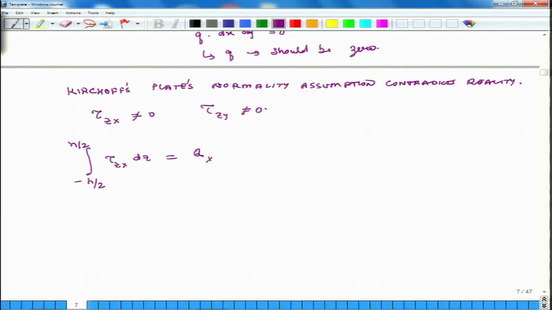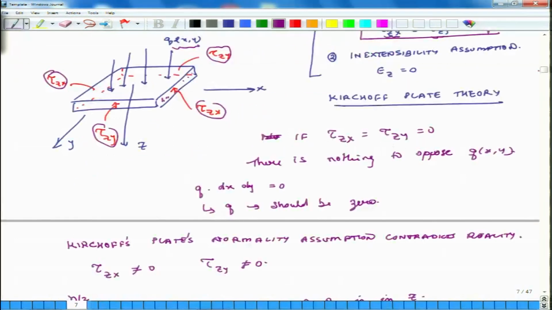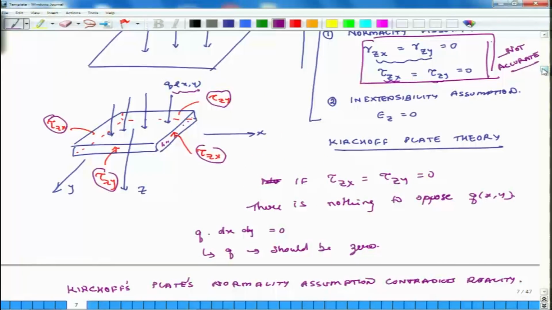And what is the direction of qx? Direction of qx is in z direction, okay, because tau zx is acting in the vertical direction, and we call it qx because it is acting on the x plane, it is acting on this surface. So, that is why we call it x, but its direction is in the z direction, understood.